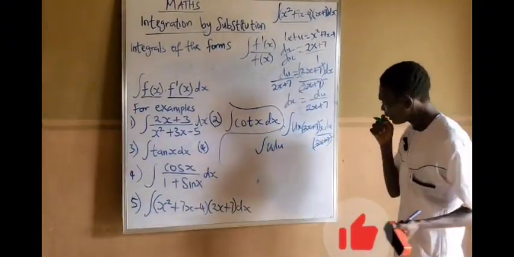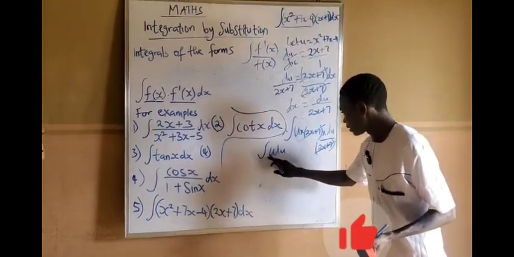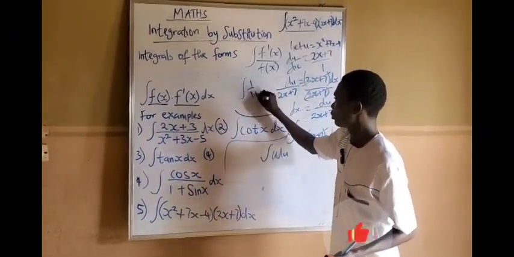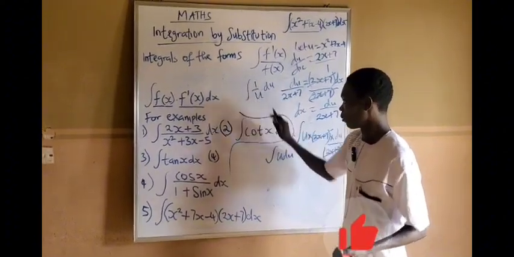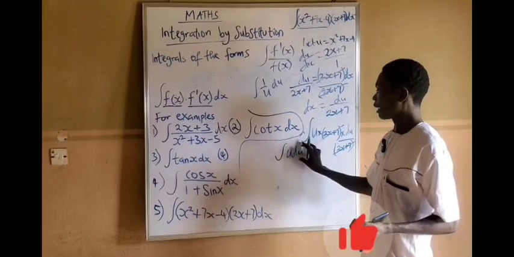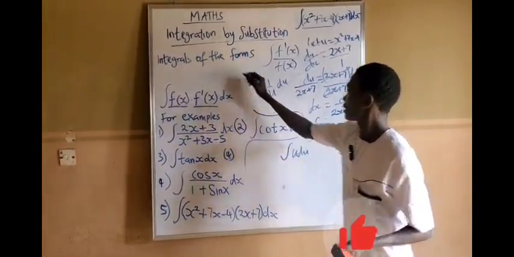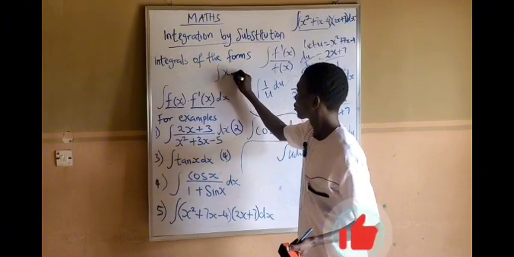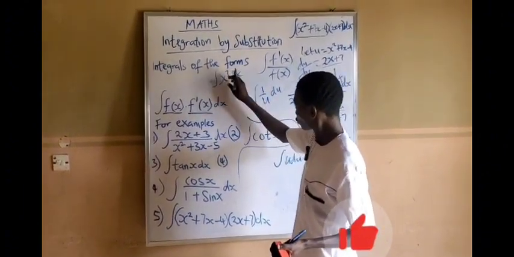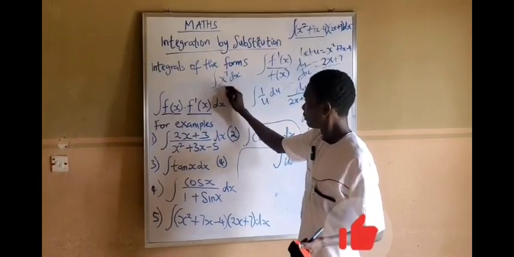It's all over 1. So when you integrate this, what will it give you? Since this is u and this is u, this is different from the integral of 1 over u du. That one will give you ln, but this will never give you ln. It will give you the general method of integration. Let's say you are asked to integrate x to the power of 7. In integration, you add 1 to the power, then divide by the new power.